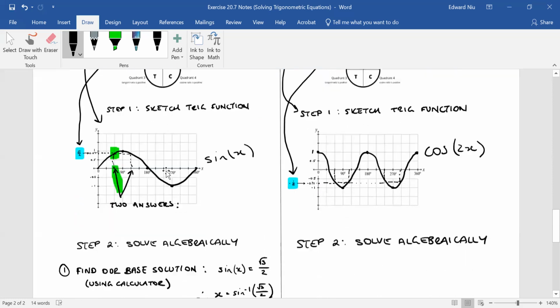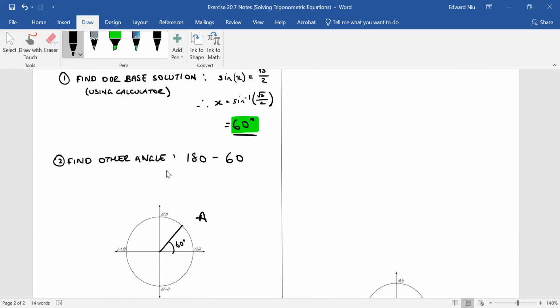In quadrant 2, the sine ratio is also positive. To draw a mirror of this triangle, we always go on the x-axis. So always x-axis. And here's going to be our other 60 degrees. We know this is 180 degrees. So to get to here where it's 60, we know this is going to be 120 degrees, which means the other angle is 120 degrees, like so.